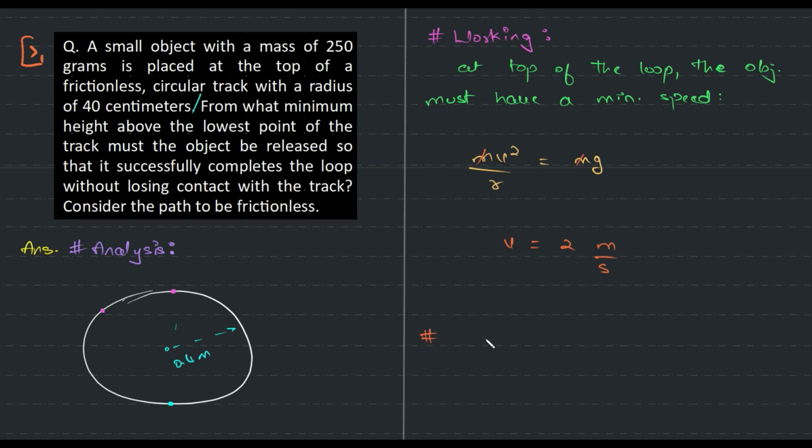Now we are using the energy conservation concept. So some point P, which is at a height of h, that energy has to match the energy that the object has at the top.